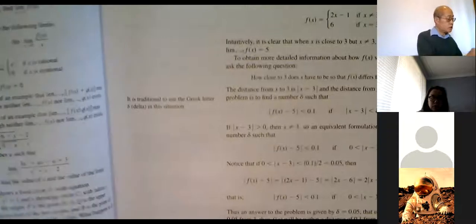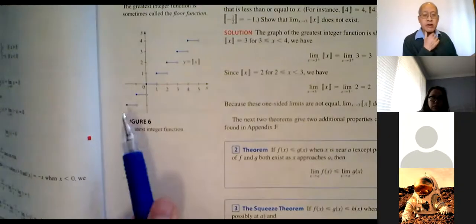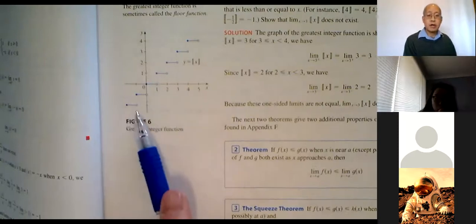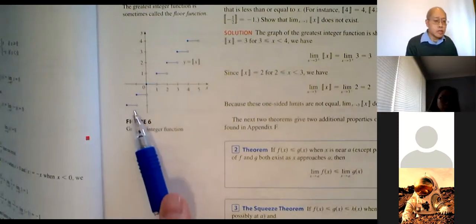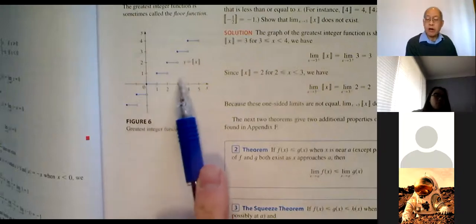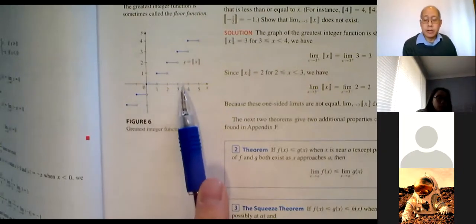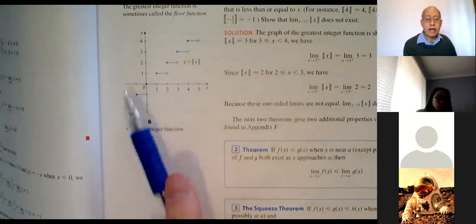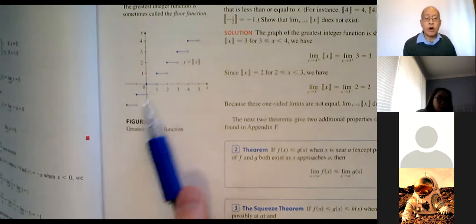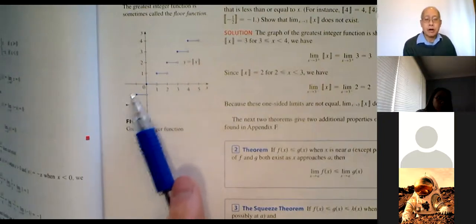Okay. Again, look back. Because we have a jump, jump, jump, jump, and so on, we're not going to have a two-sided limit here or here or here or here or here, wherever we have a jump. So where are the jumps? The jumps are the integers. Right? It jumps up at 0 and 1 at 2. I mean, ask yourself, for what x values do you step up on this?